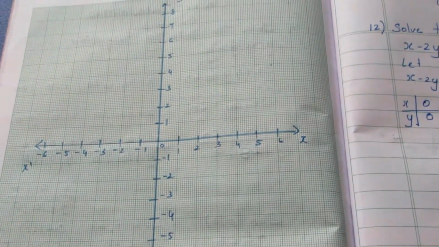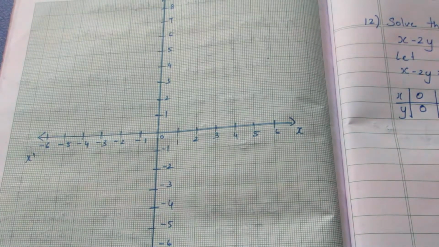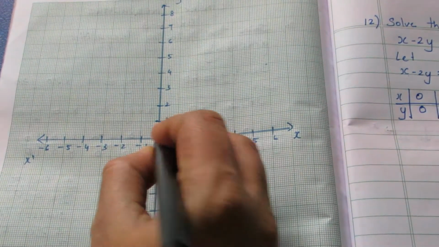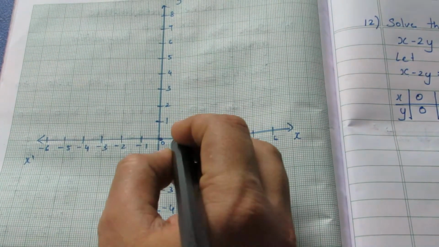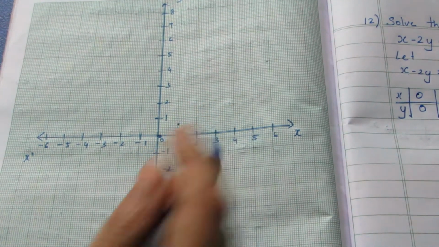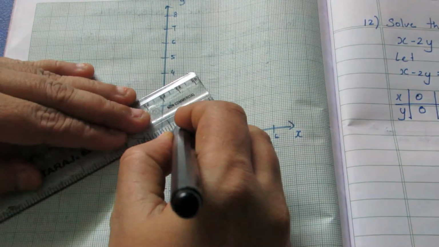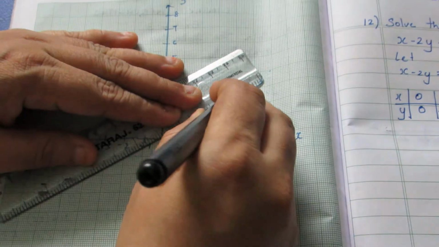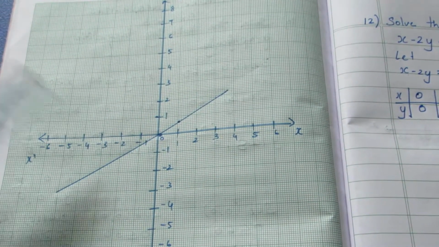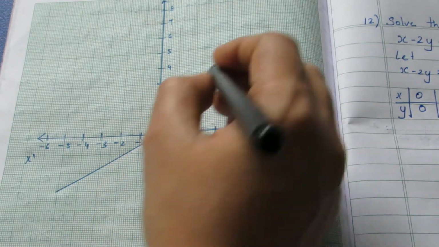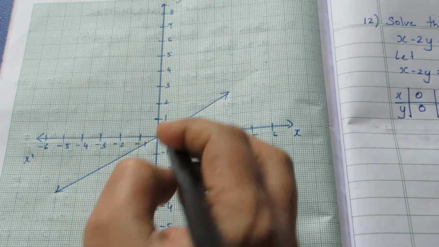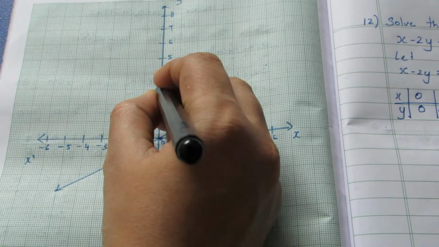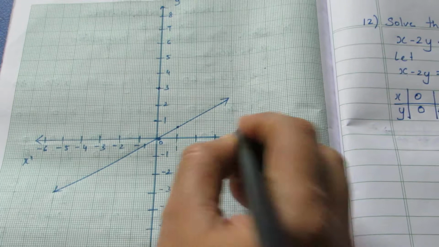So plot the points on the graph and draw the lines. 0, 0 is the first point, 1, half will be here. Join the 2 points and extend the line. Then for the next equation it is 0, 3 and 4, 0.